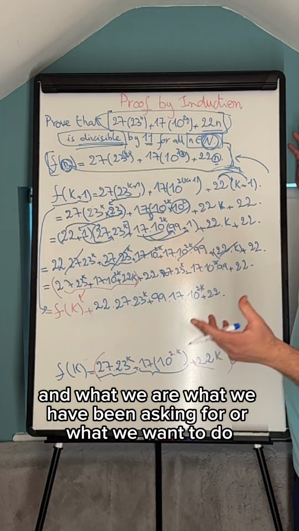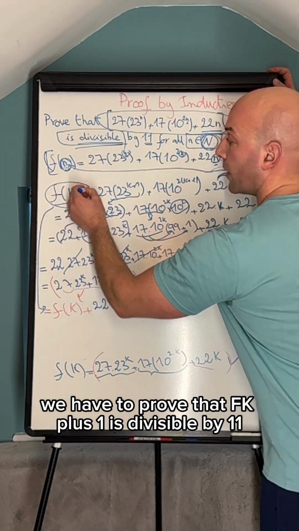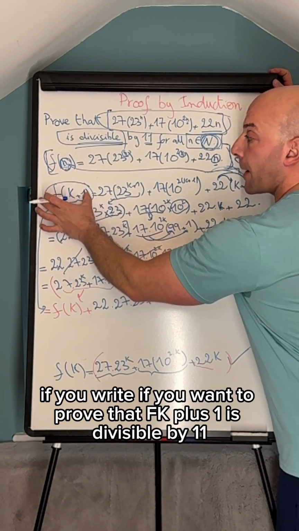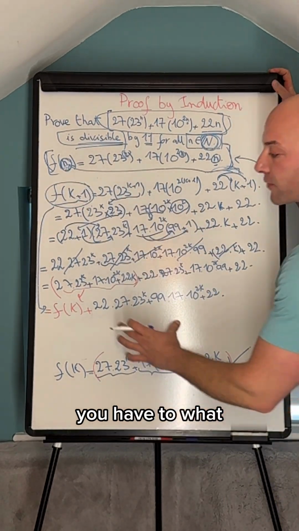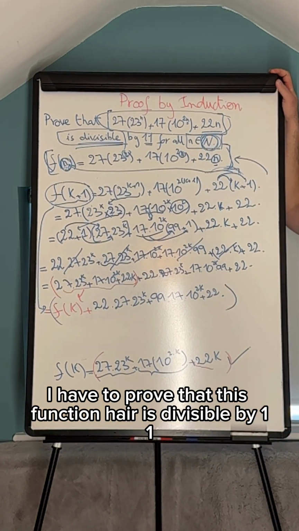And what we want to do is prove that fk plus 1 is divisible by 11. If you want to prove that fk plus 1 is divisible by 11, we have to prove that this function here is divisible by 11.